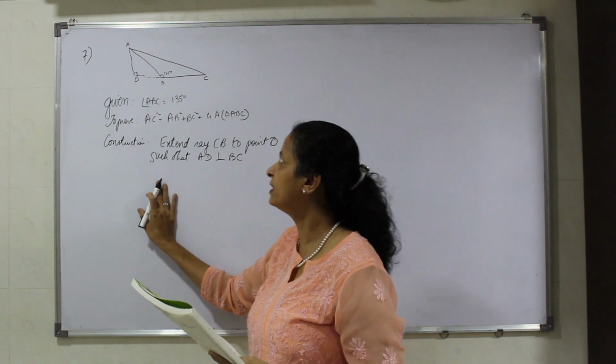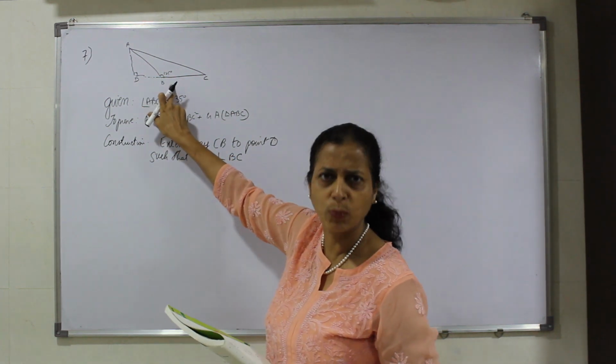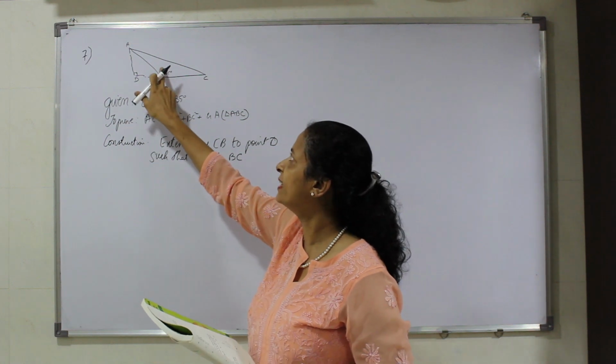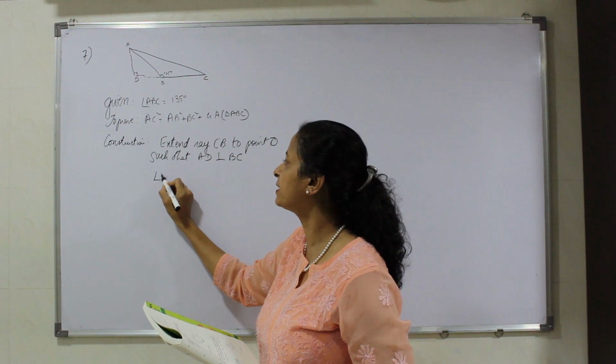Now, after doing this extension, if you see the angle 135, there is nothing we can do about angle 135. And so, understand the linear pair is the angle 45. And so, we start the sum like this.